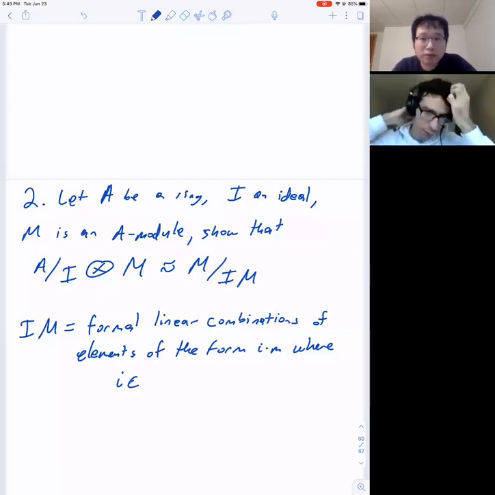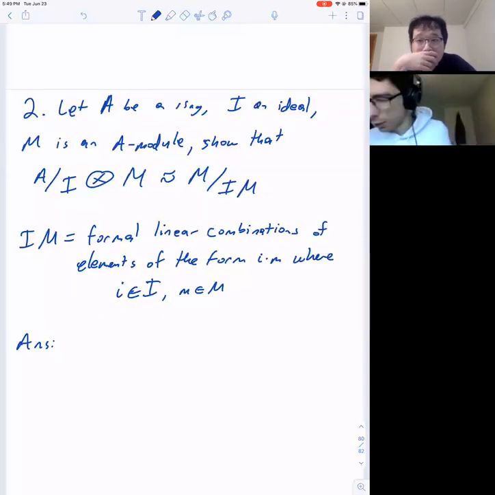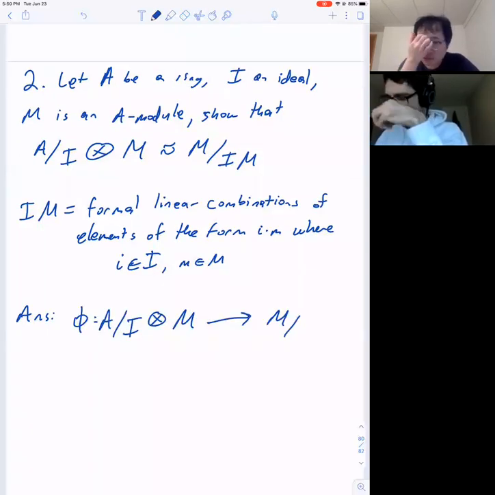Okay, so how do we do this? So again, you want to say that the natural thing to do is take each basis element like this and map it like this.